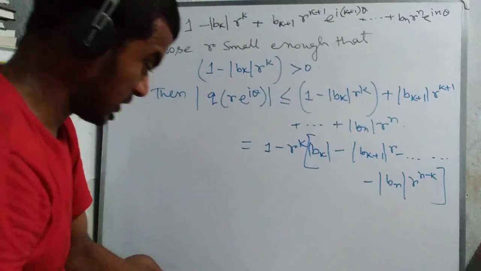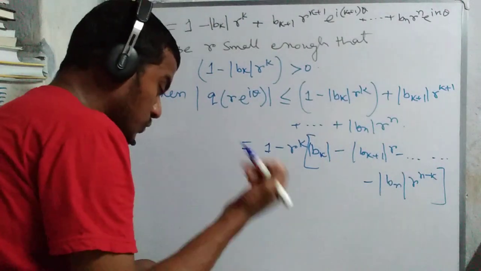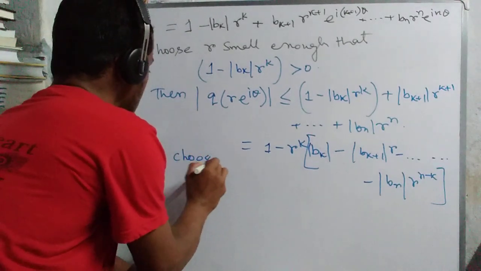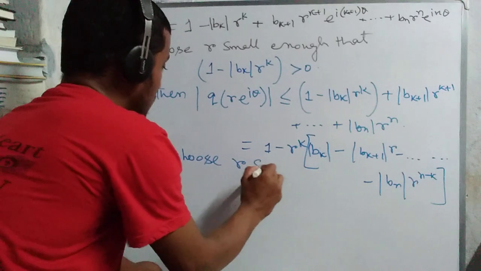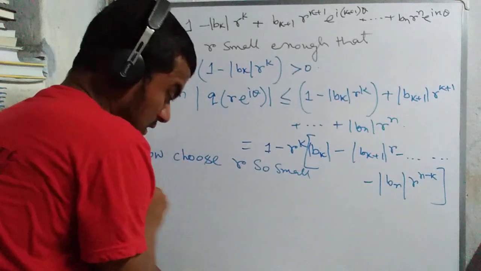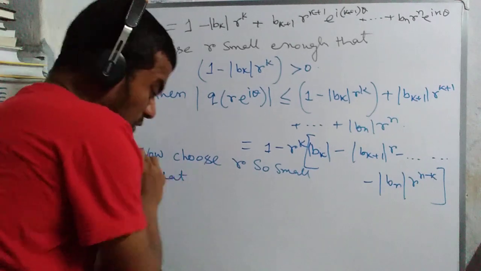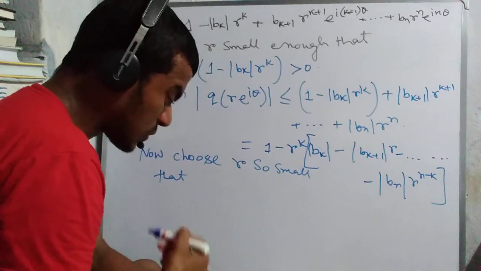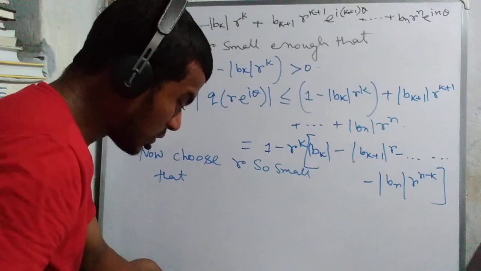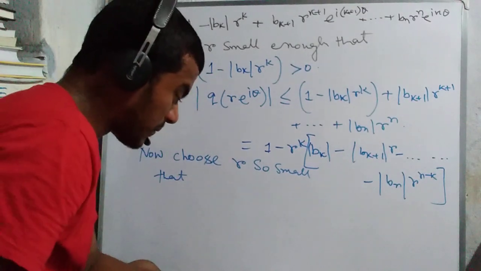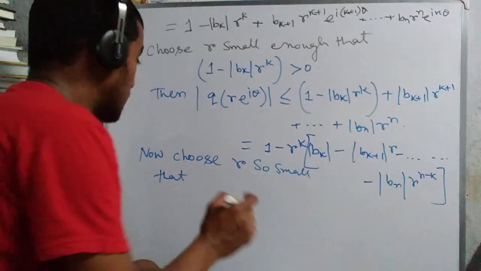Now choose r so small that the expression within the brackets is positive.